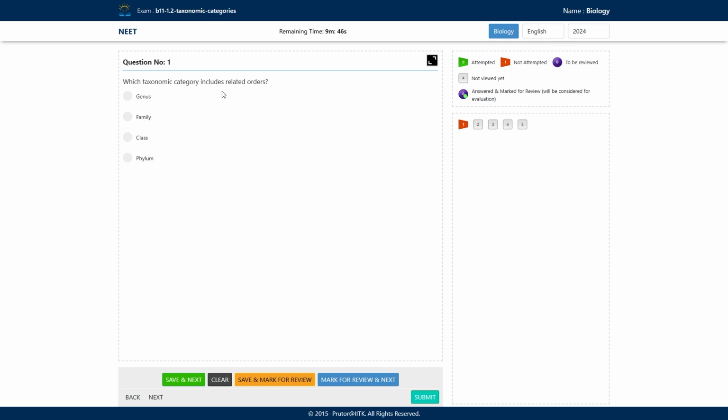Which taxonomic category includes related orders? What are the options here? Genus, family, class, and phylum. So which is a taxonomic category that is an aggregation of orders?